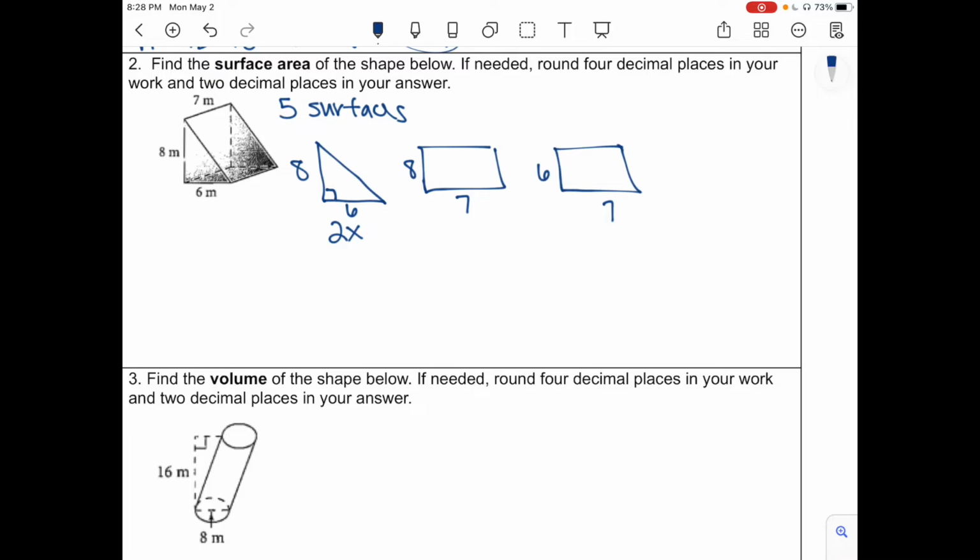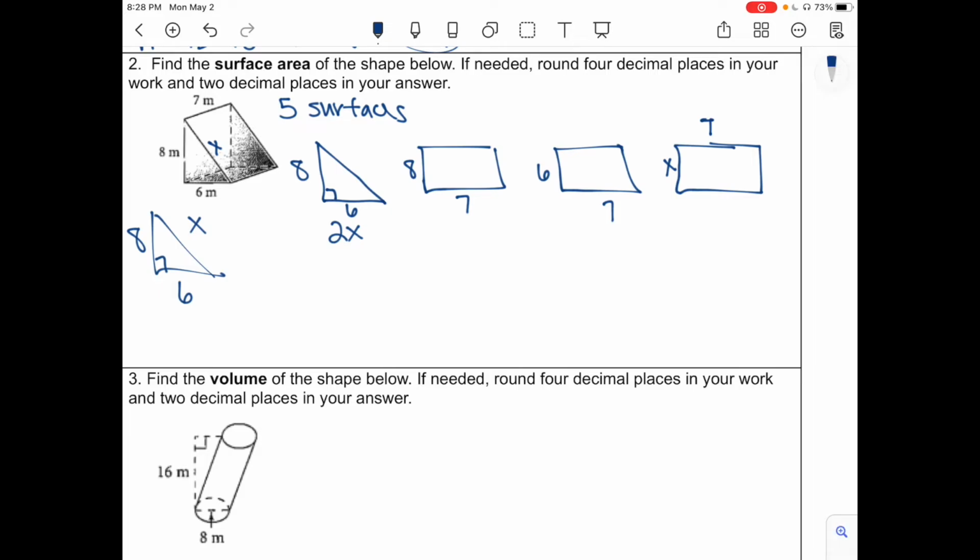And then that slanted rectangle on the right on the front, 7 by, oh, we don't have this piece. So we need to find that. We'll have to do the Pythagorean theorem. So I've got 8, 6, and x.